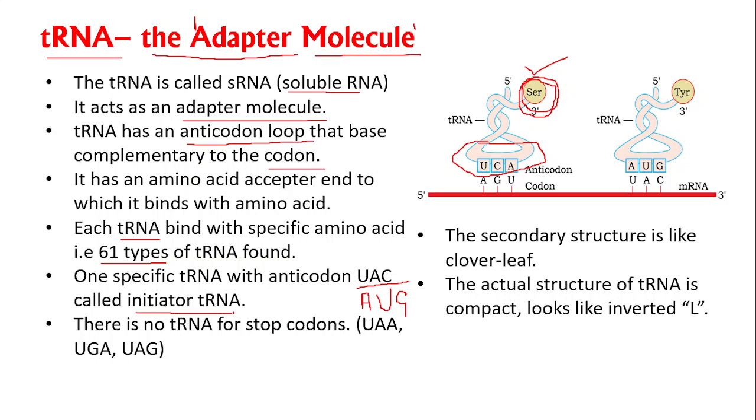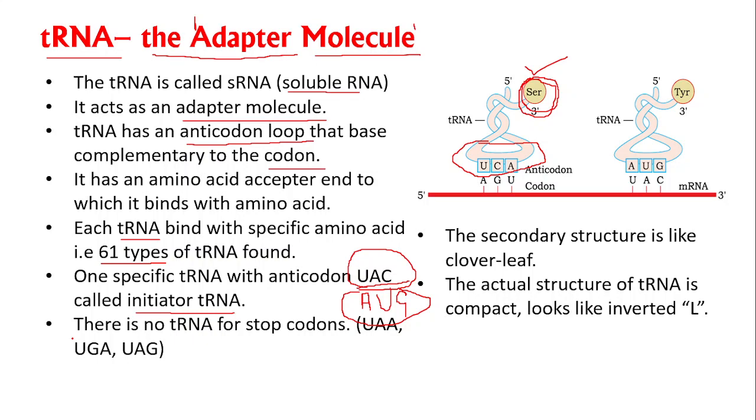Very important point. The initiator tRNA will have UAC as its anticodon, because the initiator codon is AUG. That is why the initiator tRNA should have the anticodon U, A, and C.